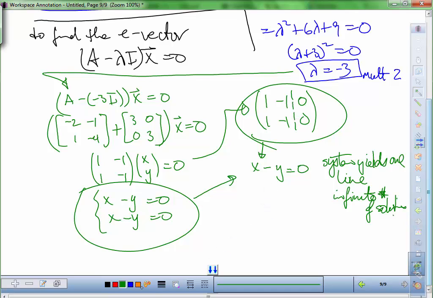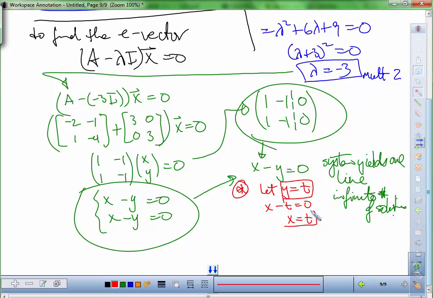So what we're going to do, and this is where it gets tricky, and if you haven't taken linear algebra, you really have to be careful about how to do this. We're going to let y equal some parameter t, so that x minus t is equal to 0, or that's just saying x is equal to t.